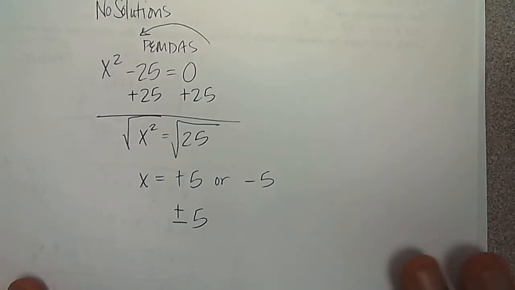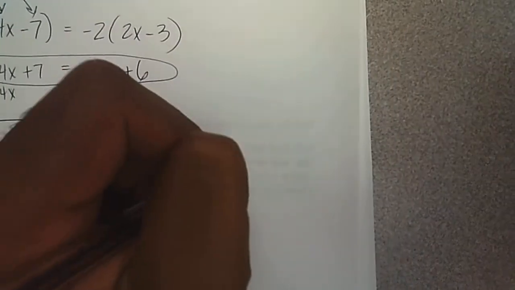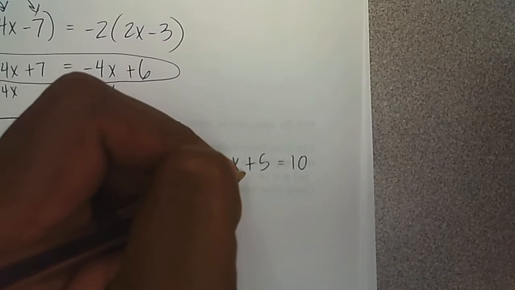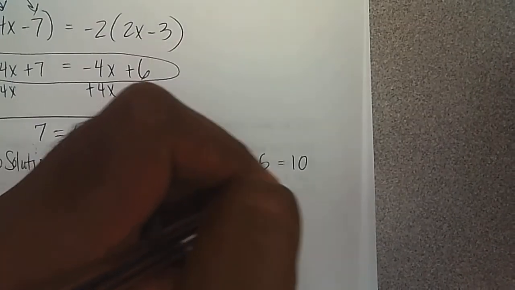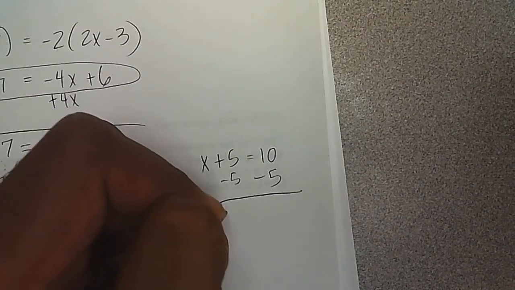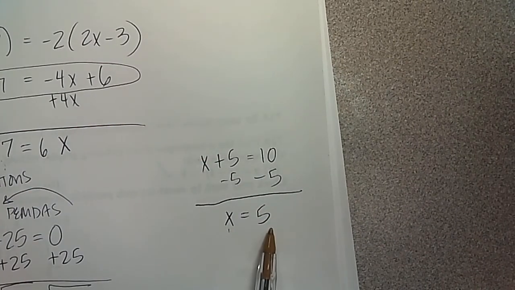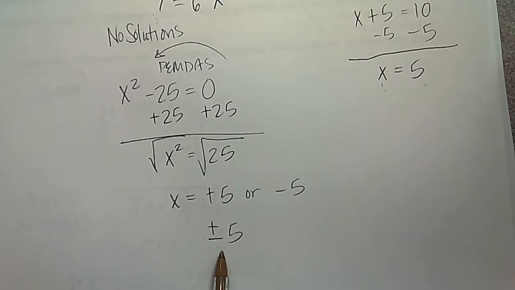So what you have been doing is equations where you use the inverse operation and you've ended up with a variable equal to a number. That is the only solution. So this is only one solution. This is two solutions.